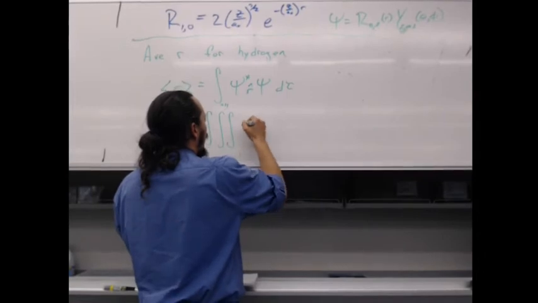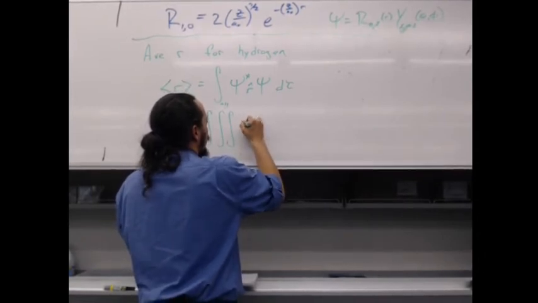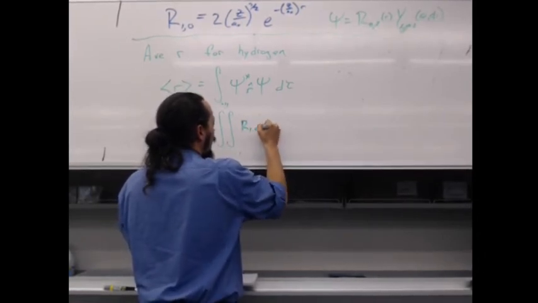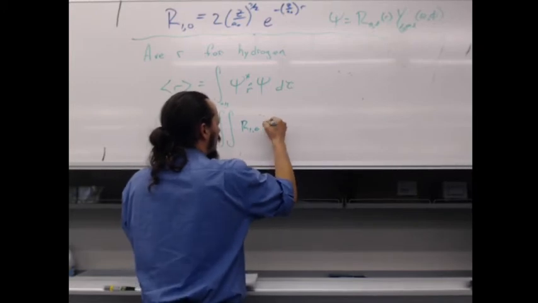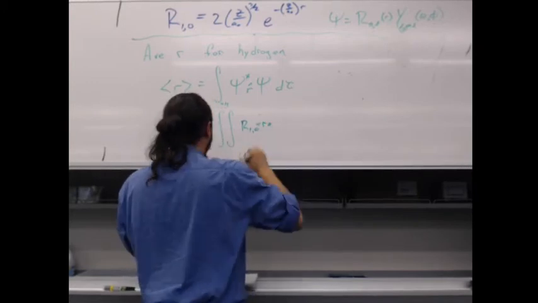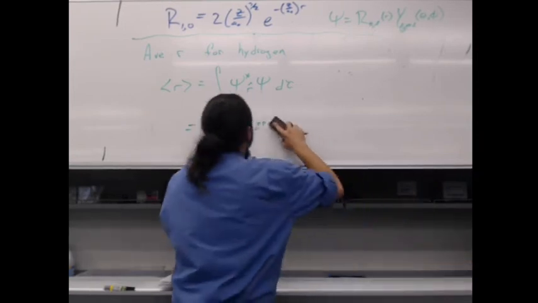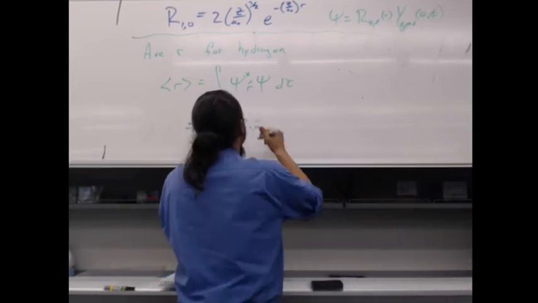That is going to be R10 times R. Wait, let me write this a little bit differently. My multiplications look too much like stars.